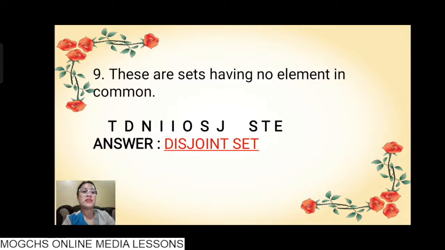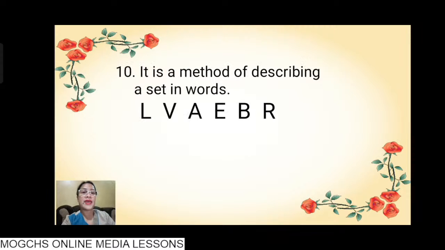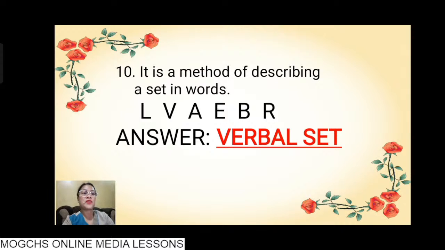The answer is disjoint set. And number 10, it is a method of describing a set in words. The answer is verbal set. If you get all correct answers, then let us proceed with our topic today.